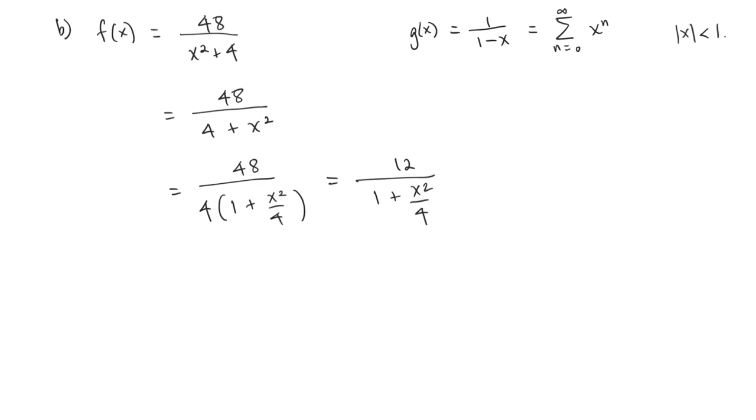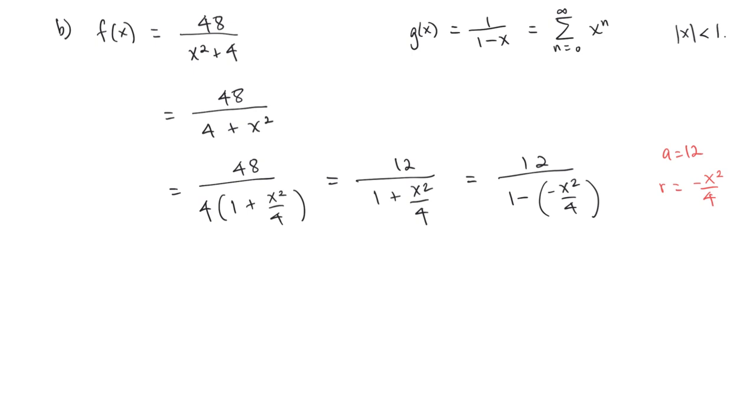But the geometric sum is 1 over 1 minus r, or a over 1 minus r. And so we can rewrite this as 12 over 1 minus negative x squared over 4. And so this is the sum of the geometric series, assuming that the initial term is 12 and the ratio is negative x squared over 4.